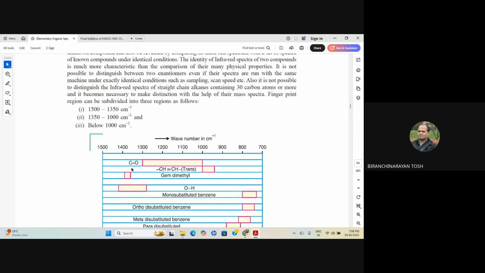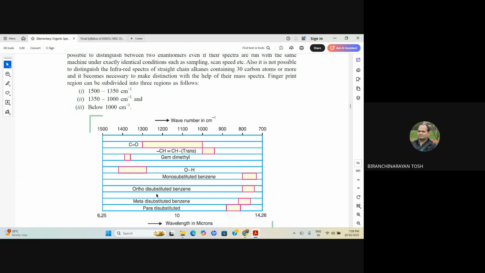So 1500 to 1350 is mainly for the OH group and geminal dimethyl group.